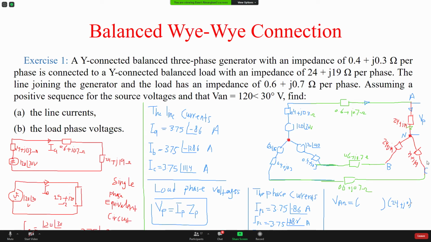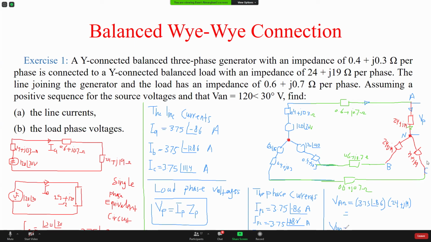The load impedance and the load current. The load current is the current going through the phase here, 3.75 and angle minus 8 point something 6. You get the voltage here, VAN, then you can find VBN and VCN.